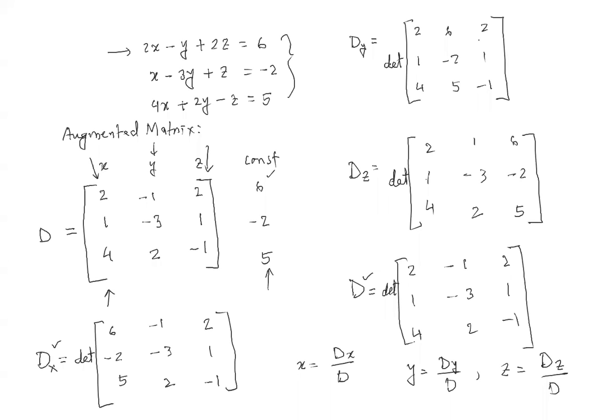So now I'm going to give you a homework. I have shown you how to find the determinants for a 3 by 3 matrix, told you what Cramer's rule is, and shown you how to create the different matrices. You go ahead and calculate each of these determinants, all 4 of them, and find the solution to this system of equations, x, y, and z.